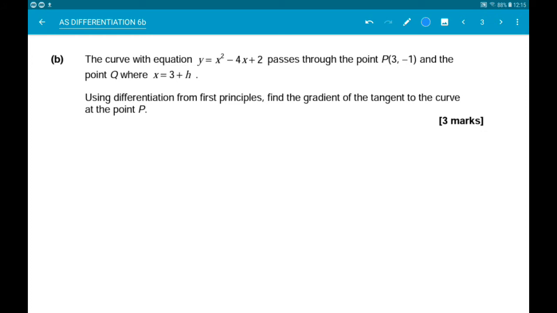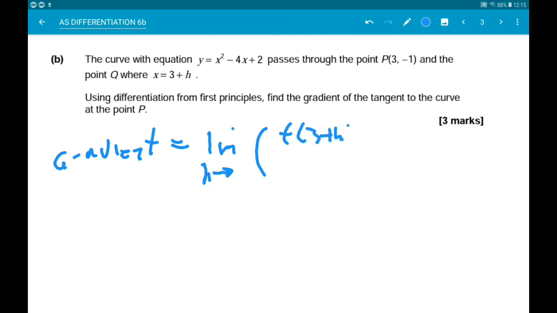So the gradient is the limit as h tends to 0 of f of 3 plus h minus f of 3 all over h.